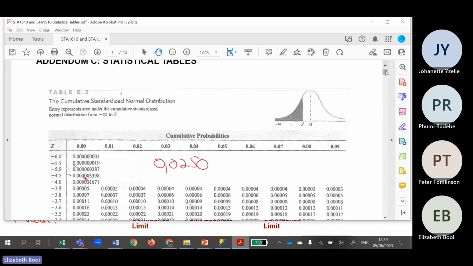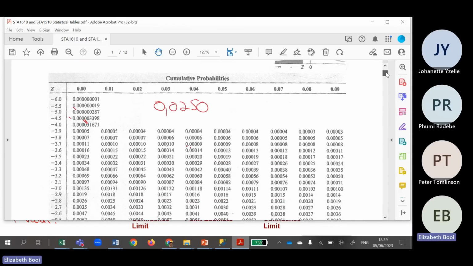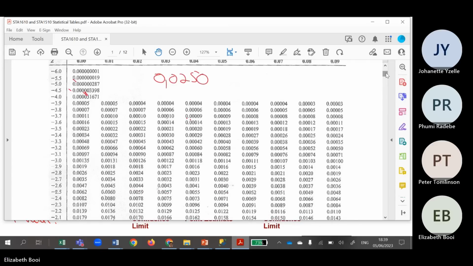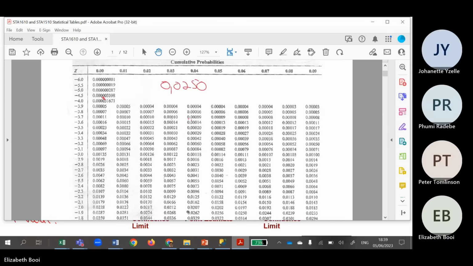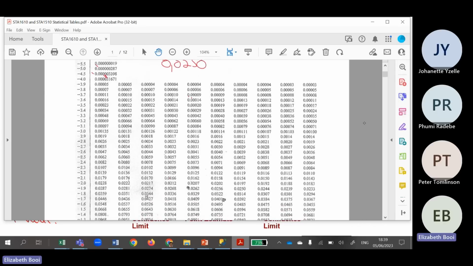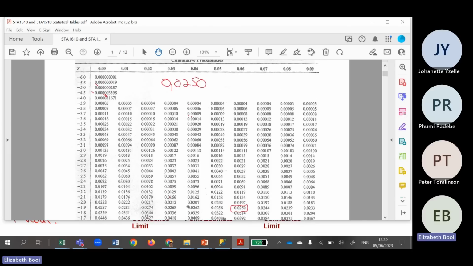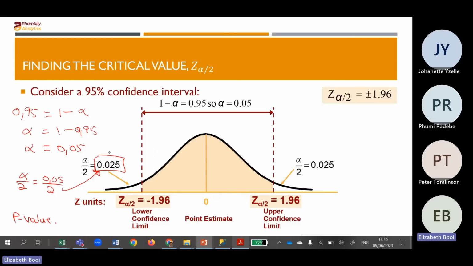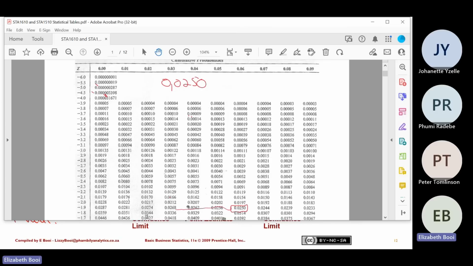So let's go find that value. And there is the value that we are looking for. Once we have that value, which is our alpha divided by 2, we're going to go out with that value.